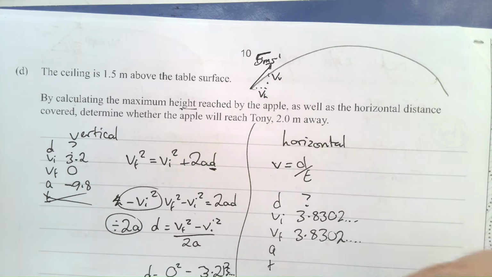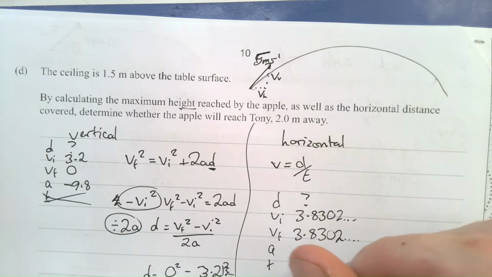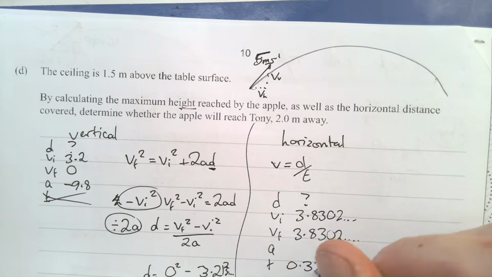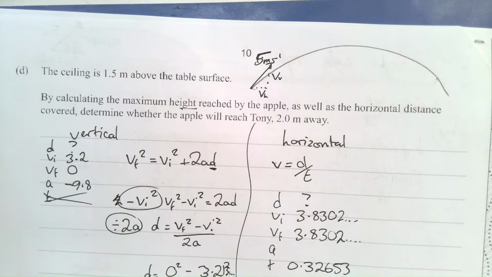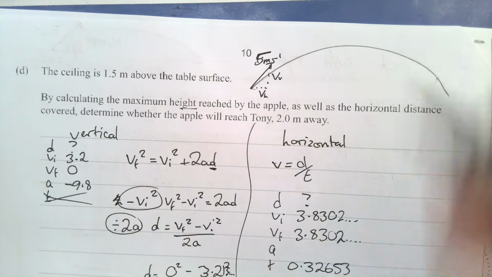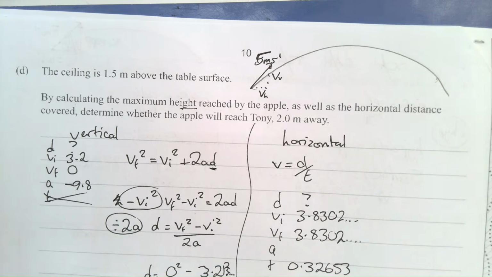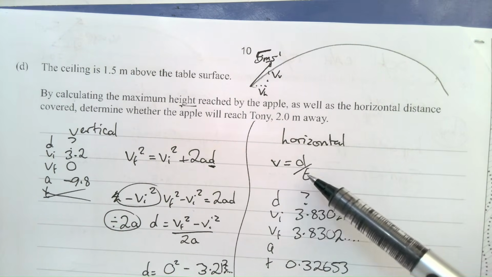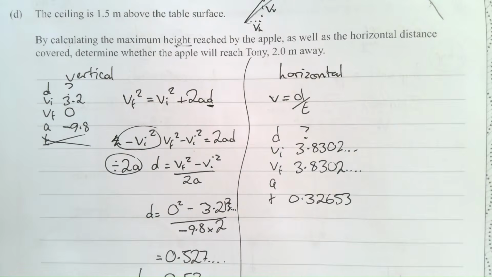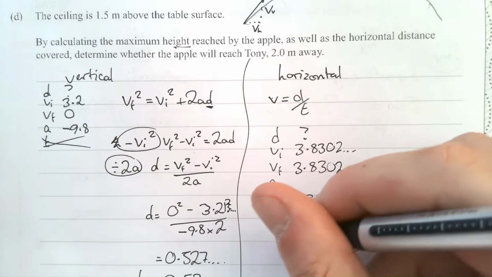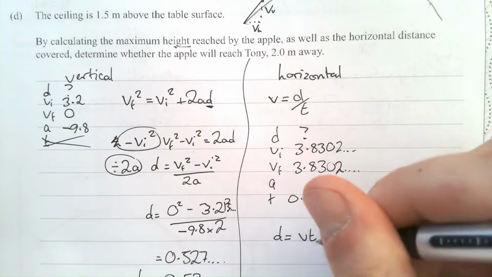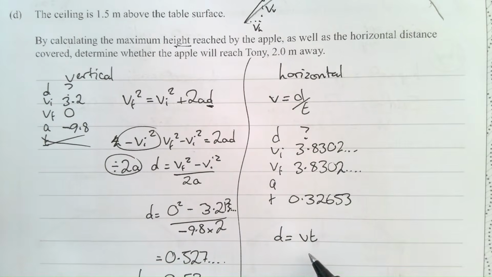And we've just worked out the time to be 0.32653. If you do it this way, you still get the same equation, the way that the SUVAT equations work, the equations of motion. You always can arrive back at these nice simple ones. Long story short, D is this distance is velocity times time.